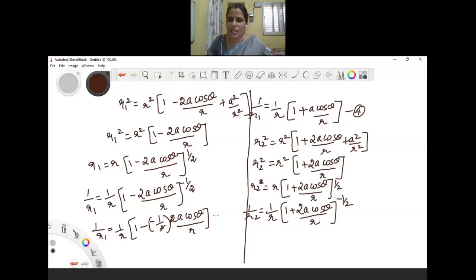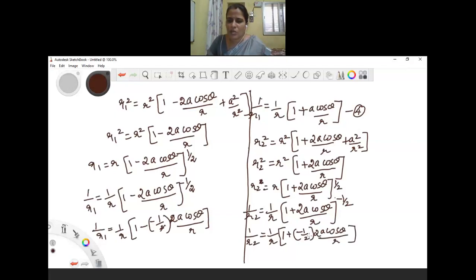Again we are going to apply the binomial theorem here. So 1 by R2 is equal to 1 by R into 1 plus, what do you have here? The power is minus half, right? So minus half into 2a cos theta divided by R. Clear?